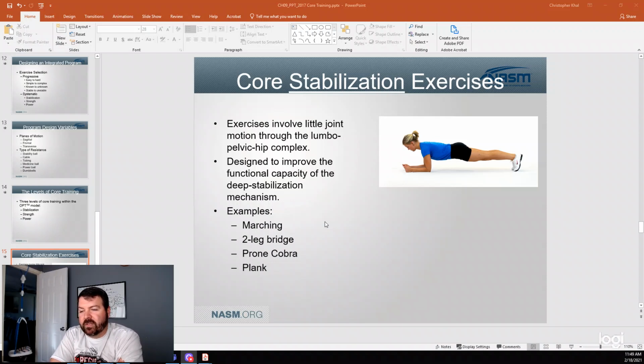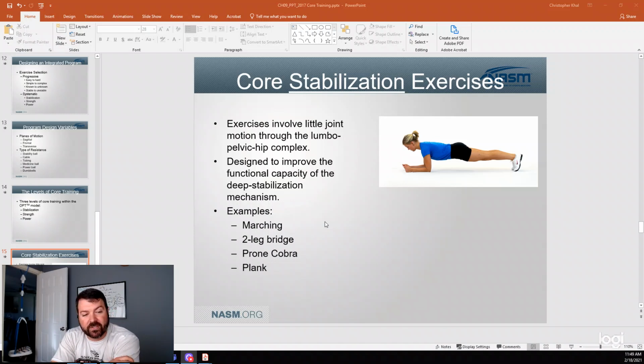Some people get it really easy. Some people it takes a little bit of time to learn. But just doing some marches can get very, very tiring. Marching is just on your back with your knees bent. If you can get that posterior tilt, even better. And you're just lifting one leg off the ground, maybe like 4 to 6 inches, and then putting it back down for your next one. That's all it is, and it can get really tiring, especially for a lot of individuals.